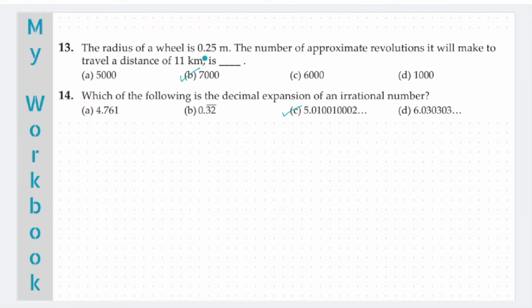So for question number 13, the radius of the wheel is given. We need to find the number of revolutions for covering a distance of 11 kilometer. We know that for one revolution, the wheel will cover the distance that is equal to its circumference. So number of revolutions is given by the distance to be covered by the circumference of the wheel.